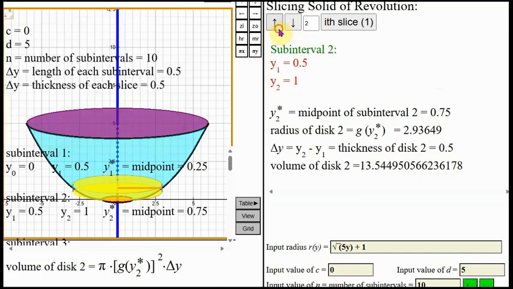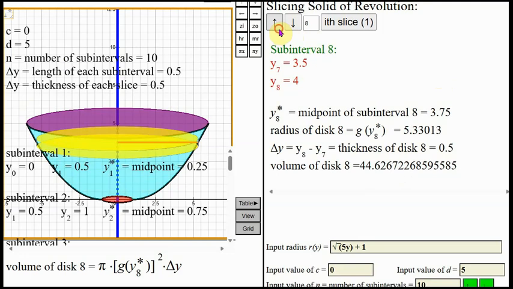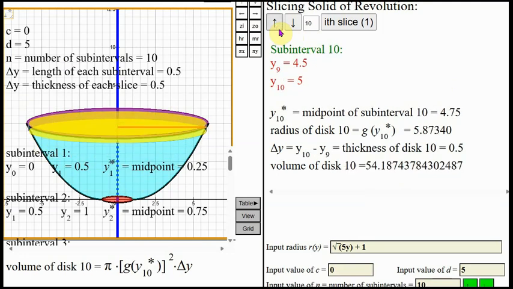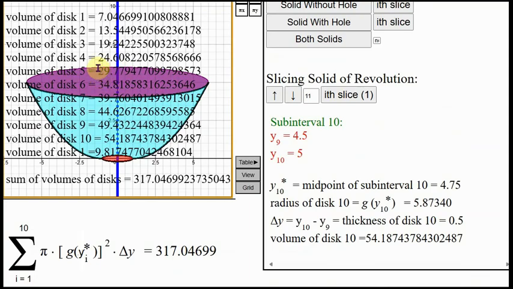And then here's the third cylinder, the fourth, the fifth, and then all the way up to the last one, which is the 10th cylinder. If we add the volumes of the 10 cylinders together, we'll get 317.04699. So this is the sum of the volumes of the 10 cylinders or the 10 discs.